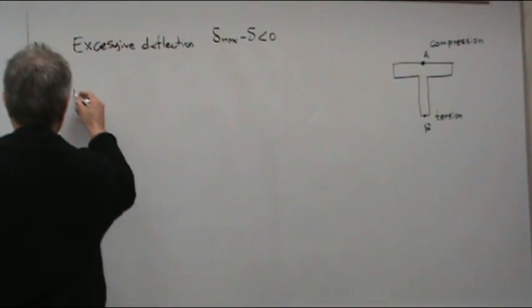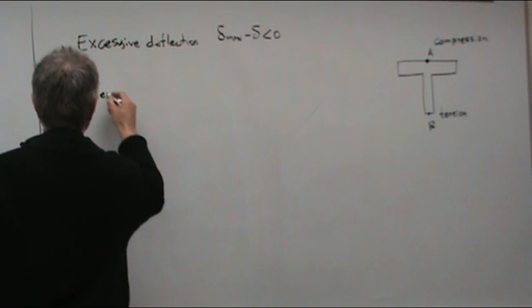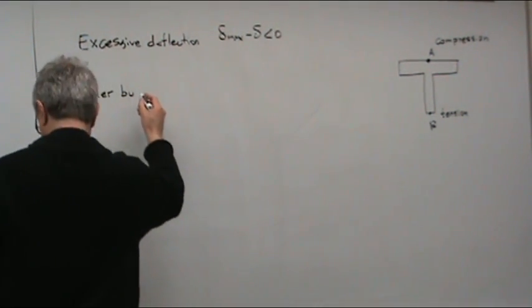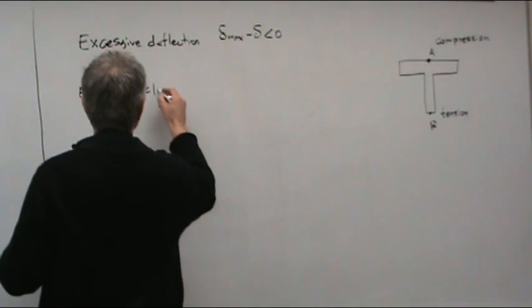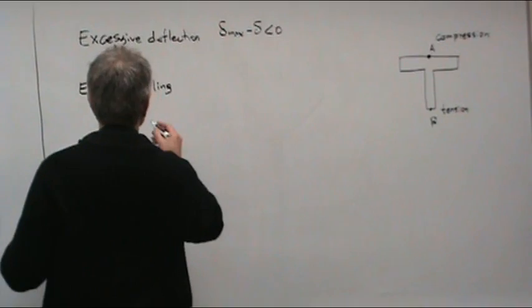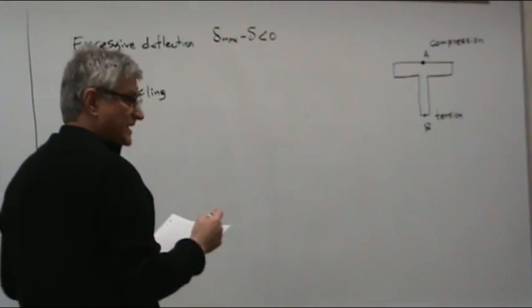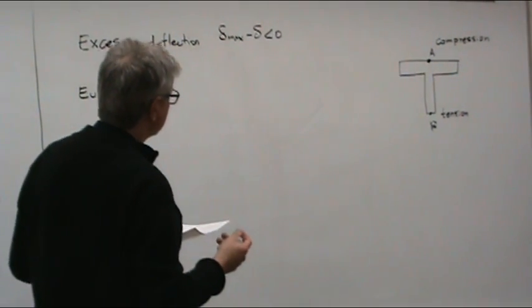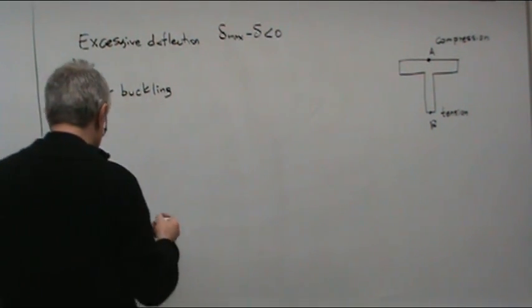Now Euler buckling. There are two critical stresses, for the horizontal and the vertical plane.